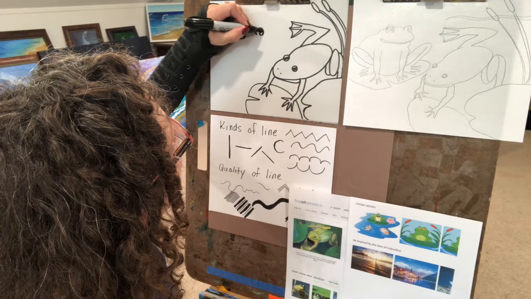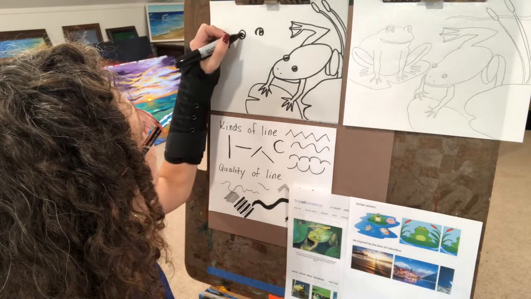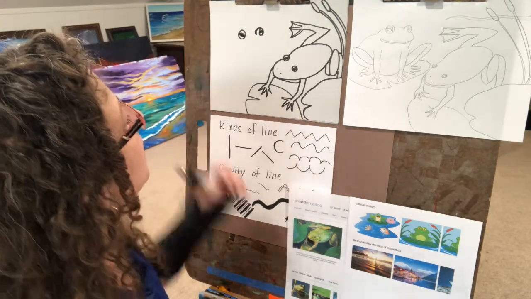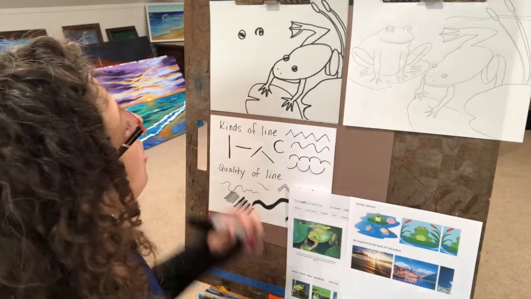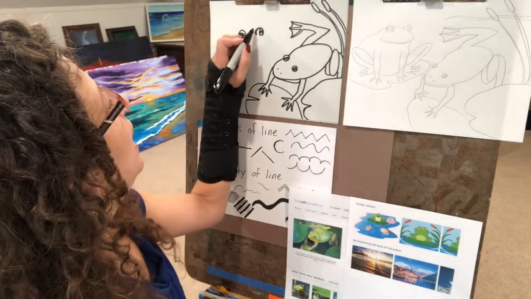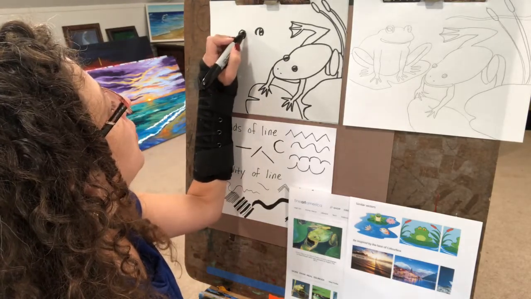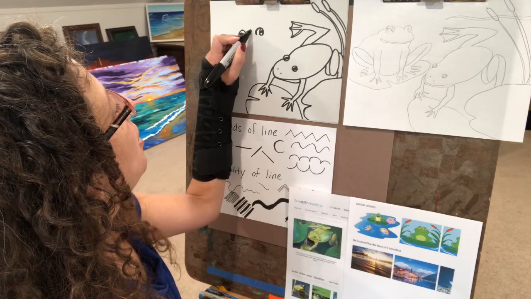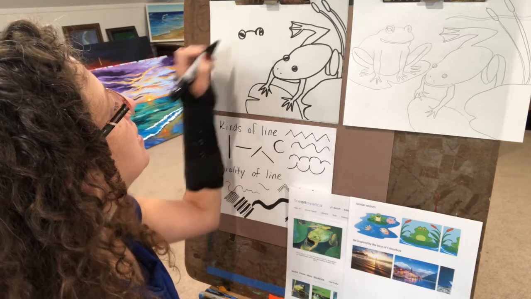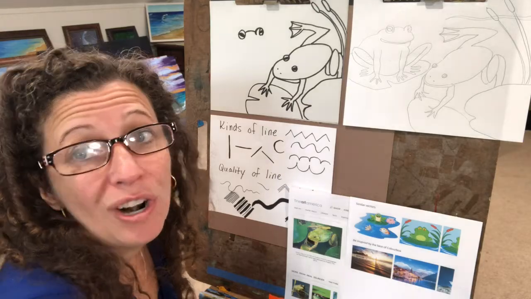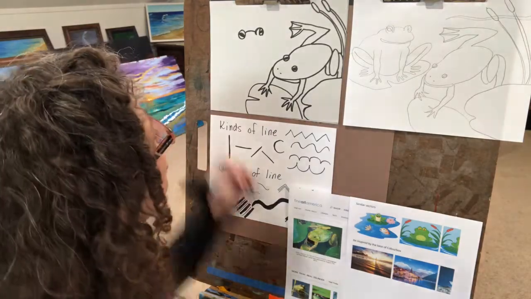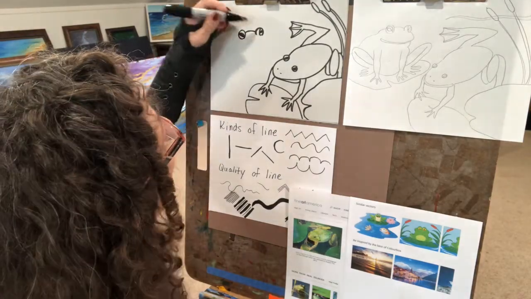And another oval in the center, and you can blacken that in if you want to. And now in between these two curved lines here, show me another curved line. That's the top of his head, or her head. I don't know, whatever you want them to be.